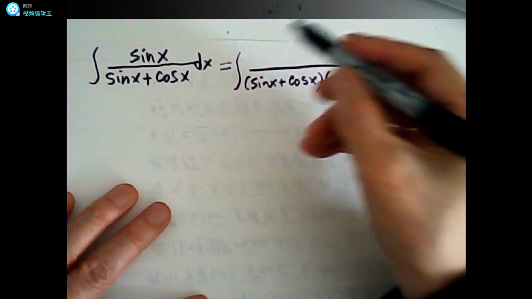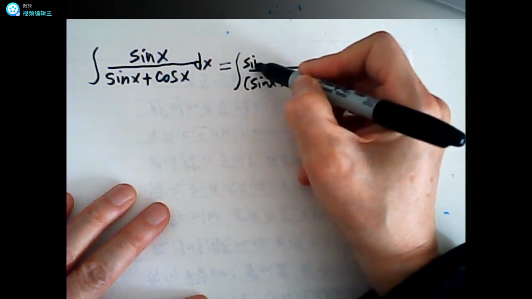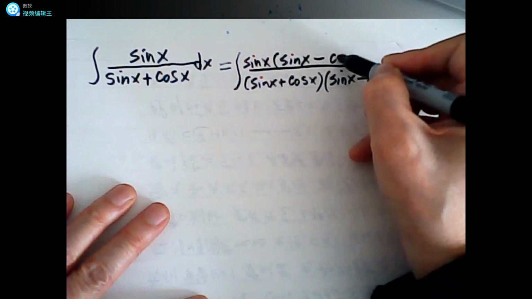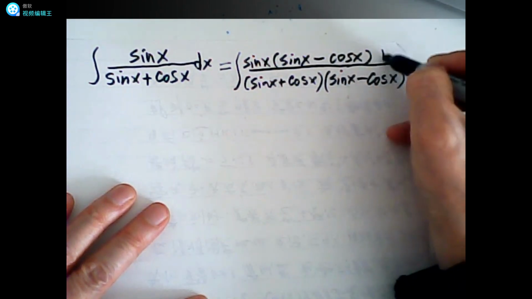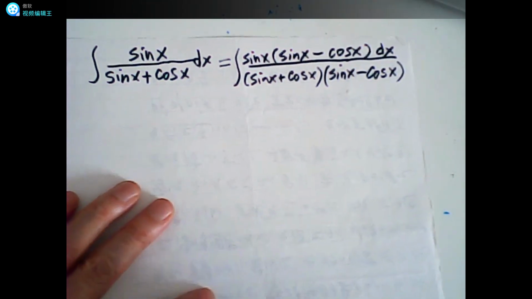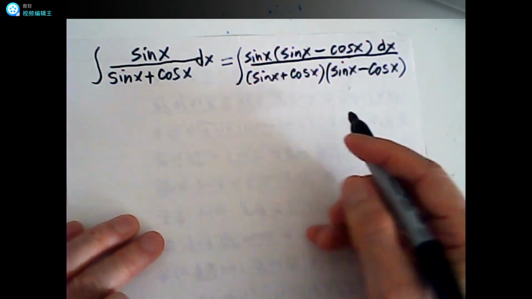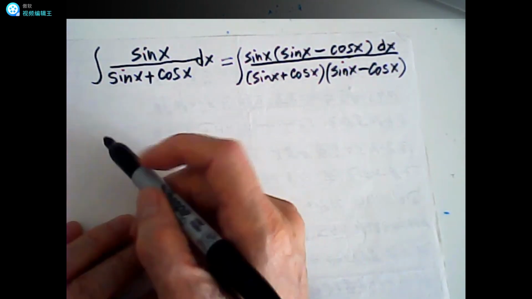And the numerator will be multiplied by the same thing: sine x multiplied by sine x minus cosine x. Okay. Good. I have to write it smaller to keep more space.